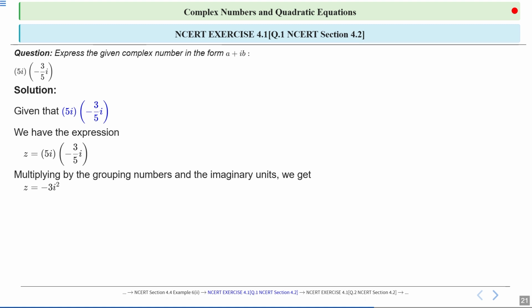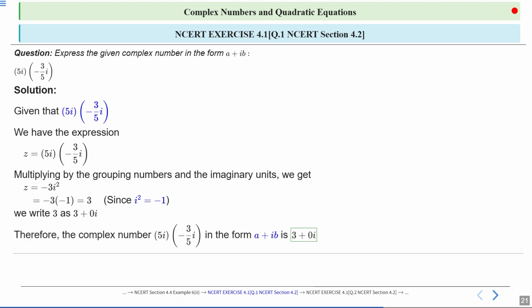So z equals minus 3 times iota square. Since iota square is minus 1, z equals minus 3 times minus 1 equals 3. And we can write 3 as 3 plus 0 times iota. Therefore, the complex number in the form a plus iota times b is 3 plus 0 times iota.